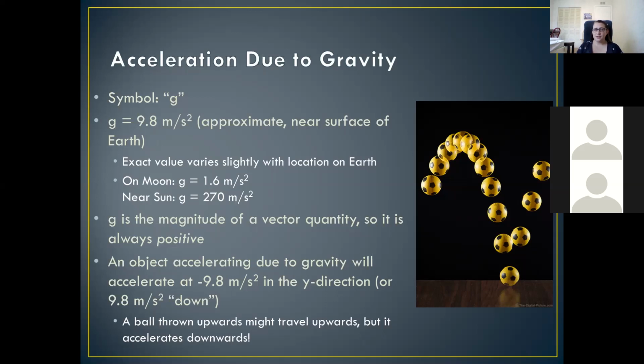Or that's just another way to say 9.8 meters per second squared down. So we can throw a ball upwards and it would travel upwards, but it's still accelerating downwards. Just like we saw in our chapter review from chapter 2 at the beginning of this class. We can definitely have an object moving upward, but have a downward acceleration. That happens anytime you throw something up in the air.